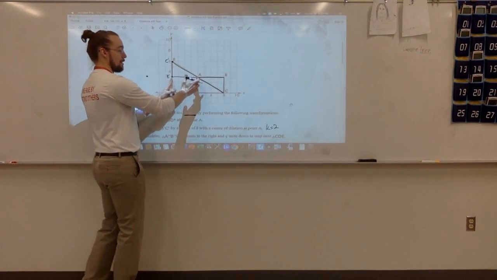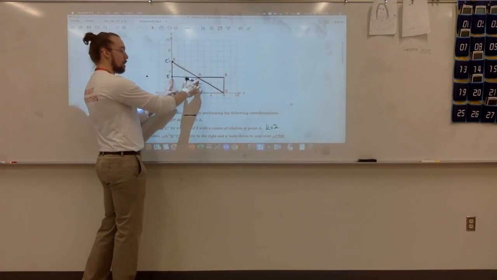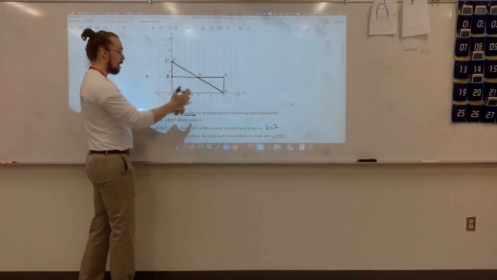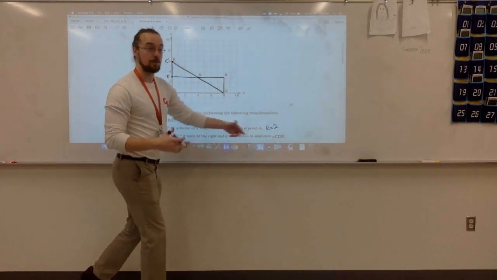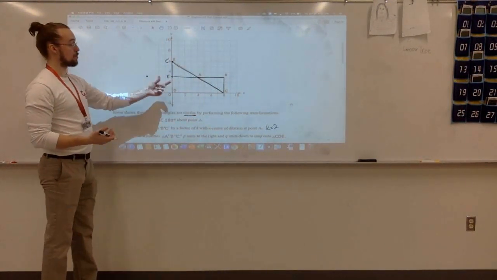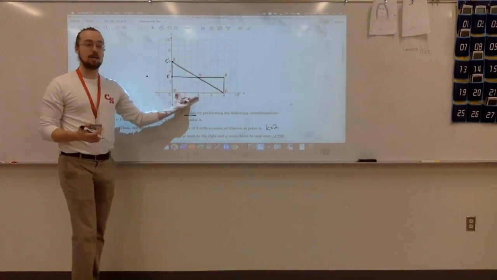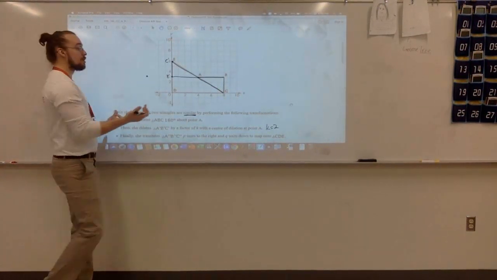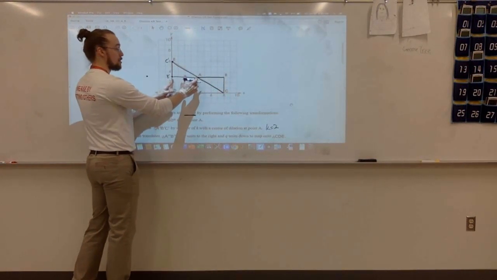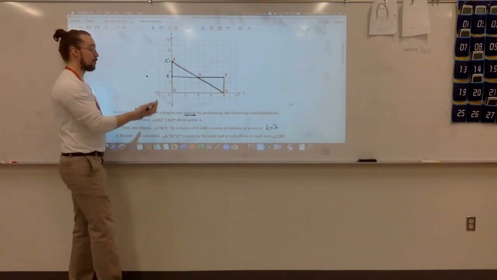So the length of A prime B prime is 4, and we're doubling that. We determined that our scale factor is 2 to make this smaller triangle the same size as the larger triangle. So I'm going to go a distance of 4 times 2.